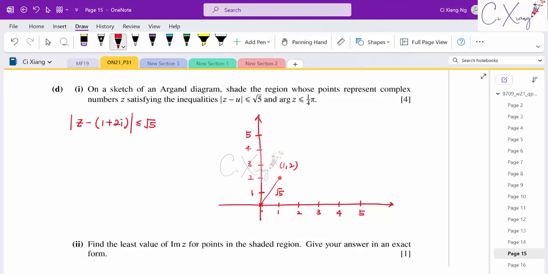So all these are small details that you need to be aware of, because they might not be hinting at all this. So you have to try to observe by yourself and get all these details. From 0, 0 to the center 1, 2, the length is square root 5, so that means your circle will pass through this particular point here.